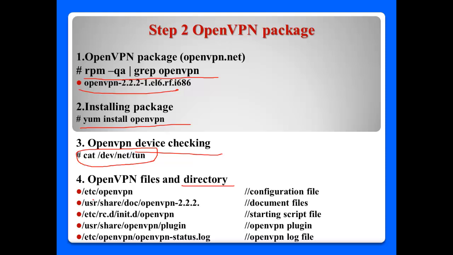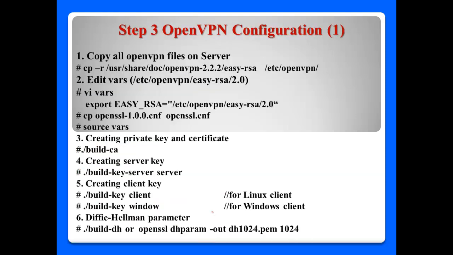After we are successful in installing this package, we need to check these files and directories. This openvpn directory will contain main configuration files, and in this directory you can find all documentation files for OpenVPN. This is the starting script, the plugin file, and the log file.